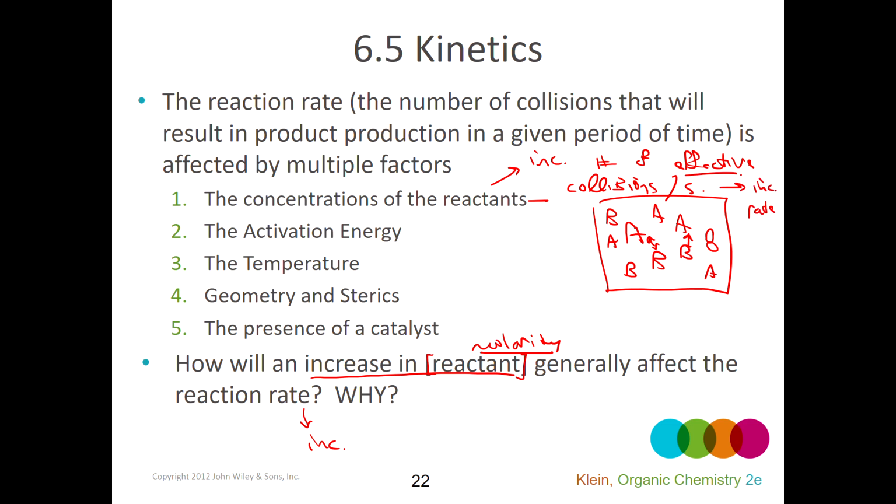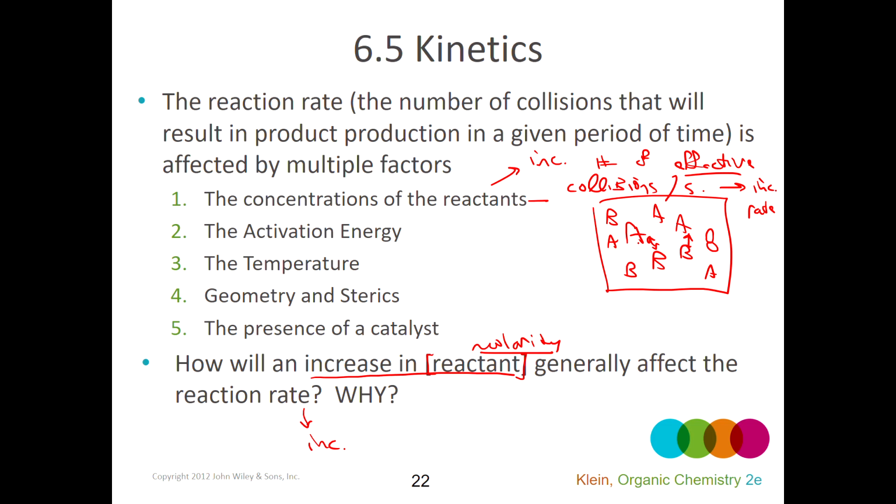What makes a collision effective? Well, sometimes it has to occur in the right orientation. Sometimes if molecules collide head-on, nothing happens. One has to collide on the backside of the other, for example. The collision has to occur with enough energy. If it's just a very mild collision because they're moving slowly, they'll probably just bounce off, nothing will happen.